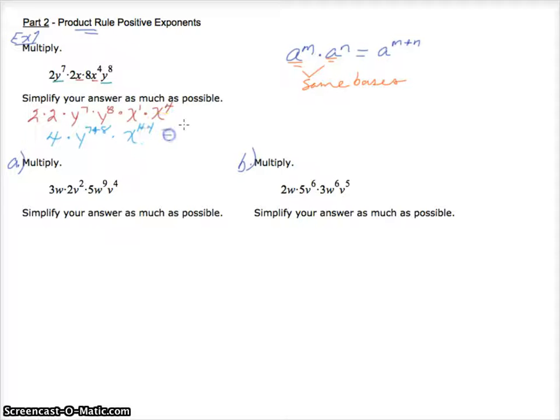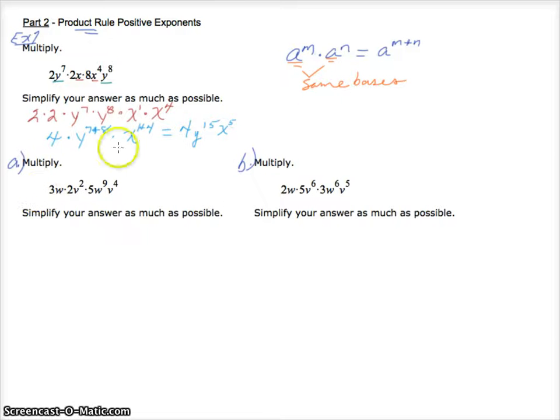When I simplify this, it's 4y to the 15 x to the 5. Not only are these now listed in descending order of power, they're also listed alphabetically, which is super cool. Normally we want to make sure we write them in descending order of power, so the higher power first.